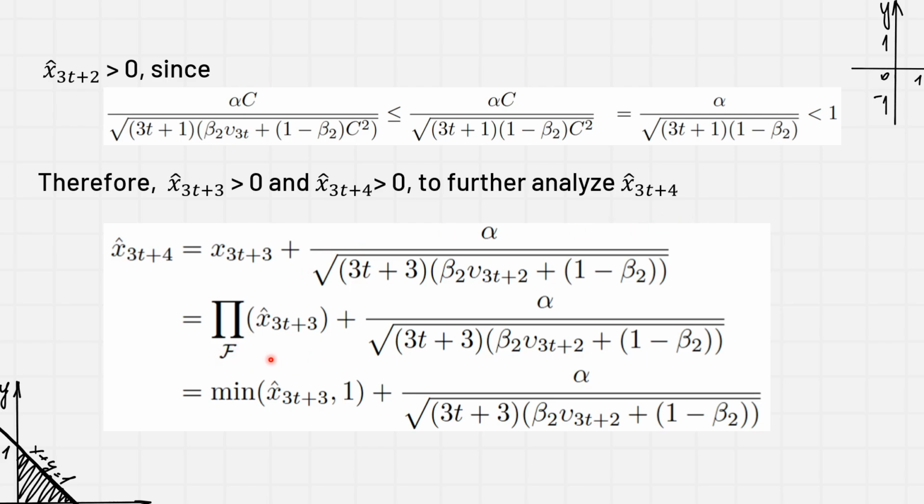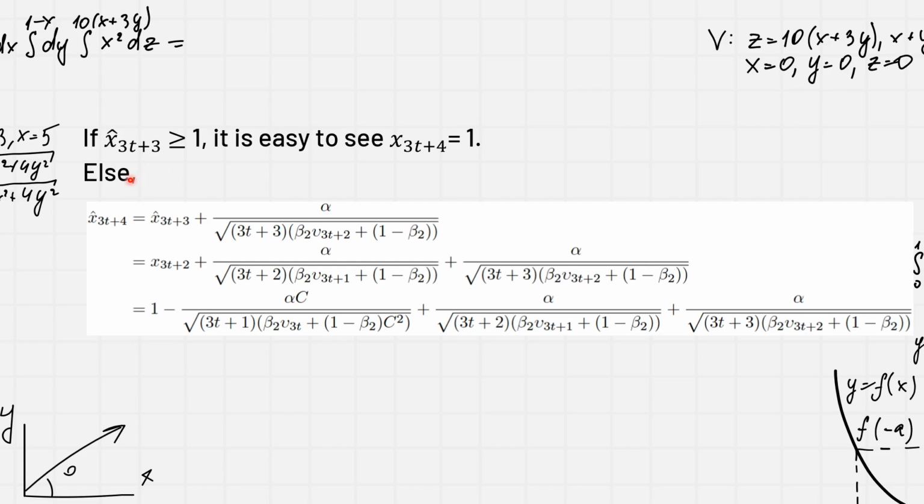Due to the Euclidean projection onto the interval from minus 1 to plus 1, the projection can be changed to the minimum of x-hat_{3t+3} and plus 1. At this point, we consider two cases. If it is greater than or equal to 1, it is easy to see x_{3t+4} equals 1.